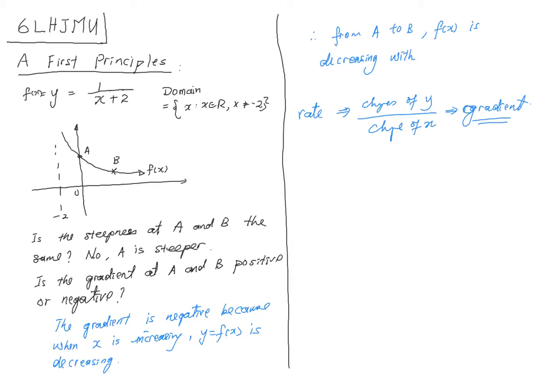So, Chunyi, can you tell me, from A to B, f(x) is decreasing with increasing rate or decreasing rate? Decreasing rate, because it's less steep. The decreasing here represents negative gradient.